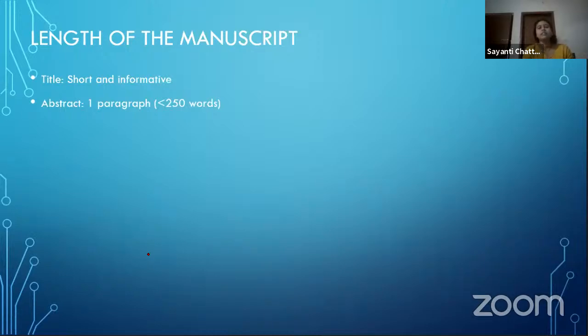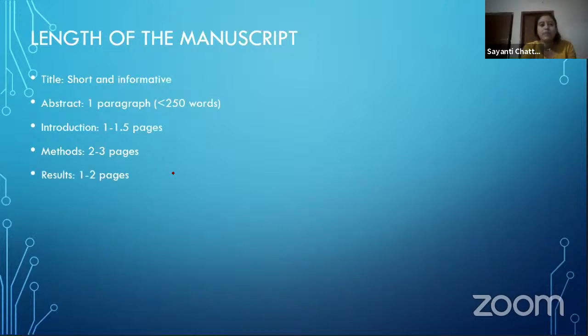In some journal, it is 350 words also, but it is not more than 1 para. Next is introduction. Introduction should not be more than 1 to 1.5 pages. Next, your methods, not only methods, there is the system description. Everything will come under this, and it should be within 2 to 3 pages.